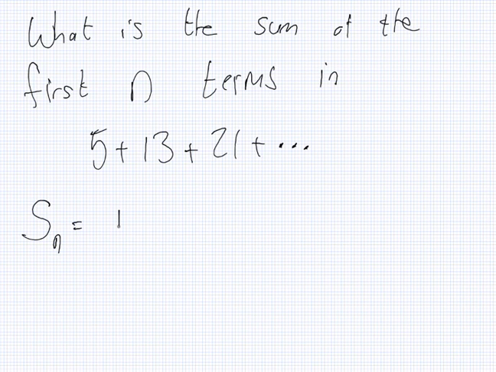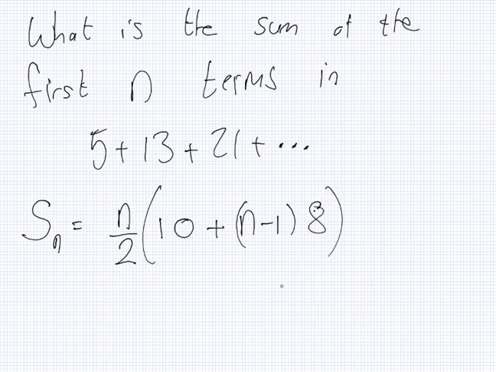The total is n over 2, 2a plus n minus 1 times d, which is 8, isn't it? It looks like we add 8. Oh, yeah, that's it. N over 2, 10, plus 8n minus 8.